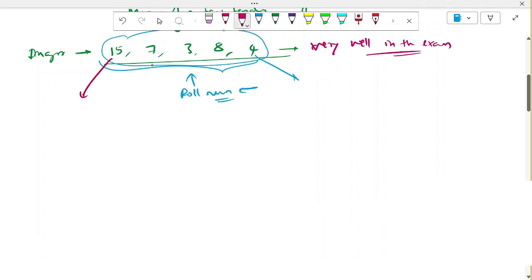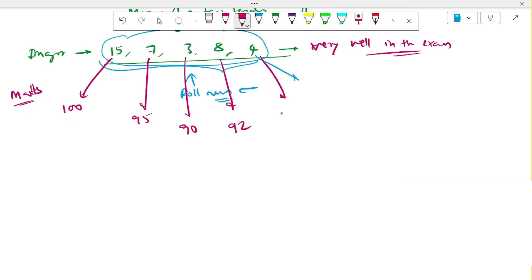Let me tell you what is a useful use case. There was a math exam conducted, and he has scored around 100, and he has scored 95, he has scored around 90, he has scored around 92, and he has scored around 80. And we consider that these are the best marks of all the students.